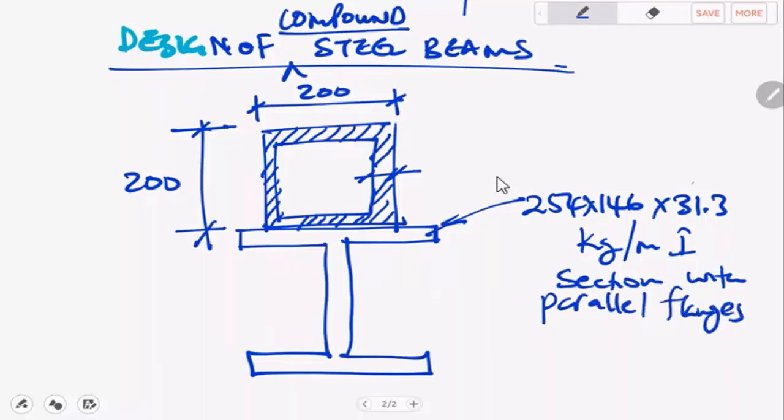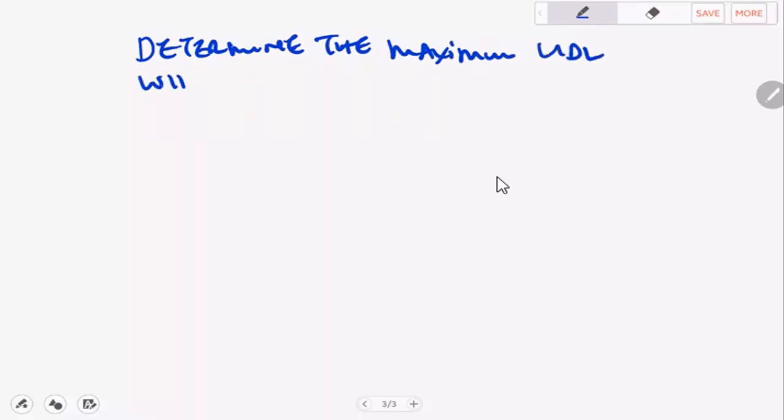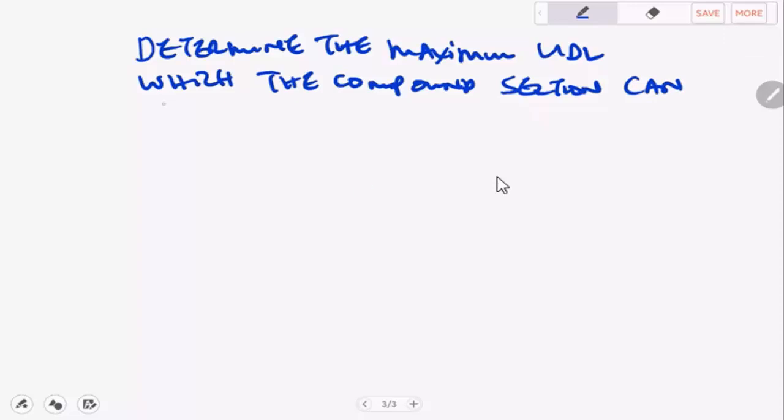Right. Now the question which is given here is determine the maximum UDL which the compound section, right, can carry.